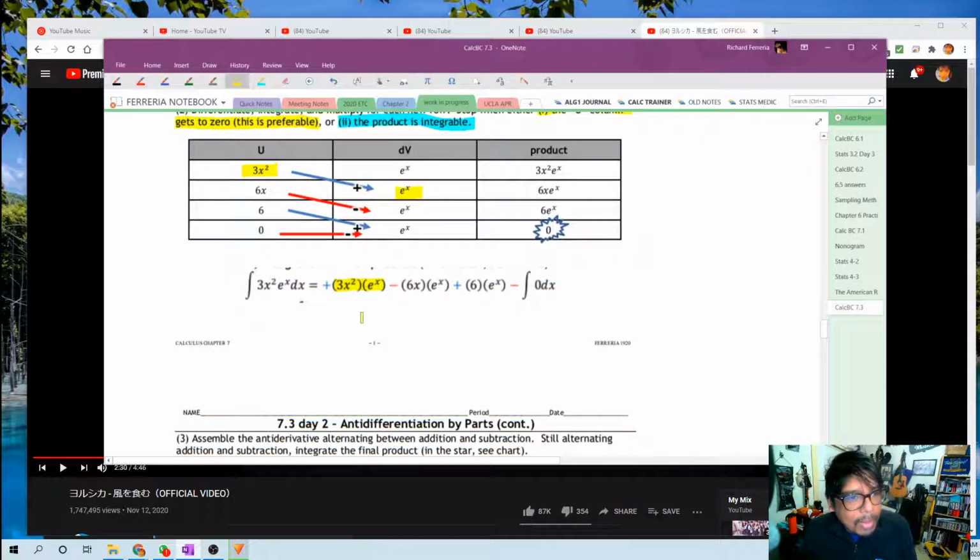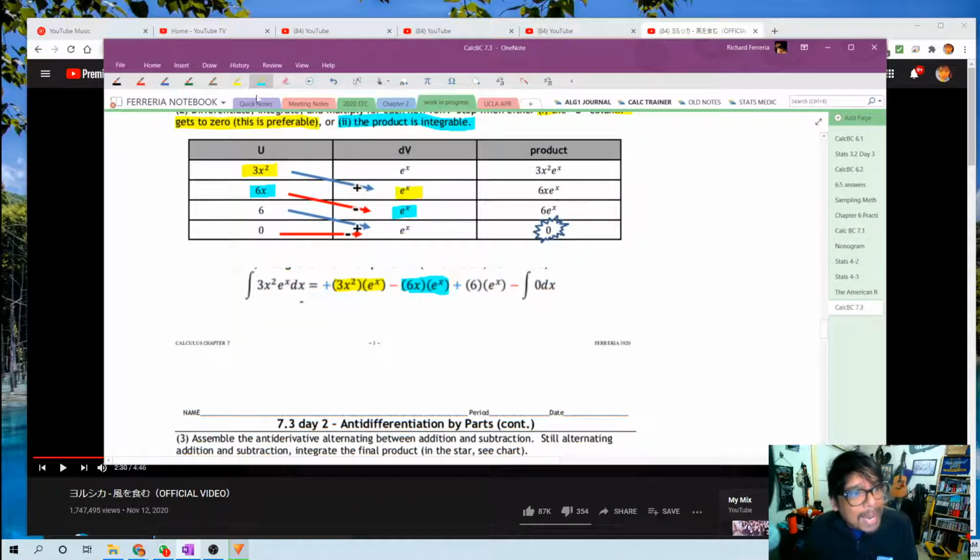Since it's my first arrow, the first multiplication is always positive. My second multiplication is 6x multiplied by e to the x. Remember, it's a down diagonal, and that gives me this product right here. Because it's my second product, it's going to be negative, and we're going to alternate positive and negative.